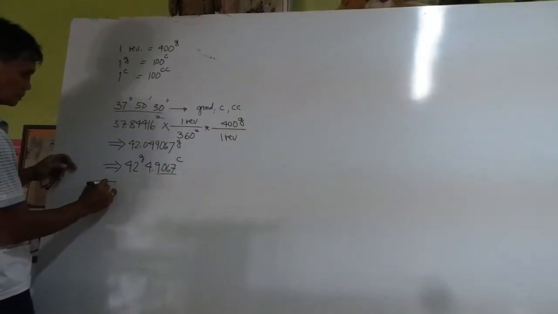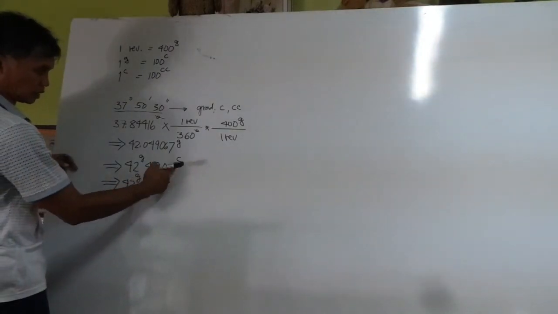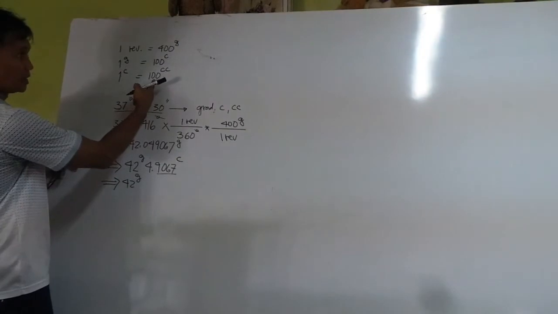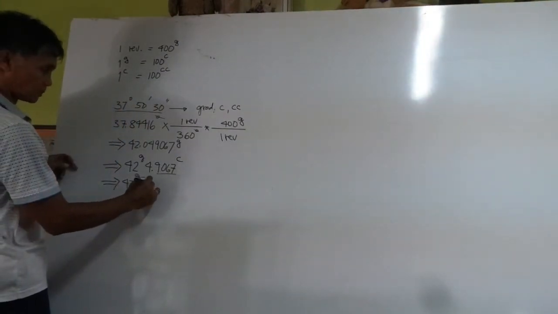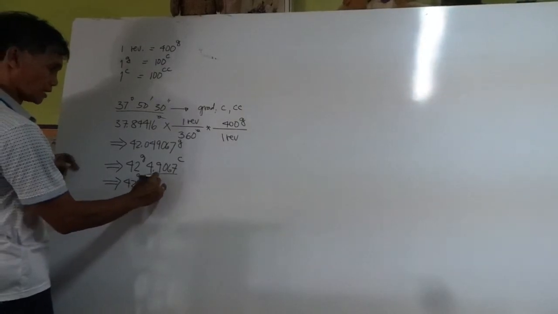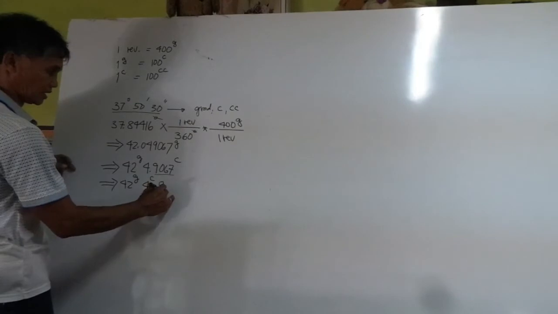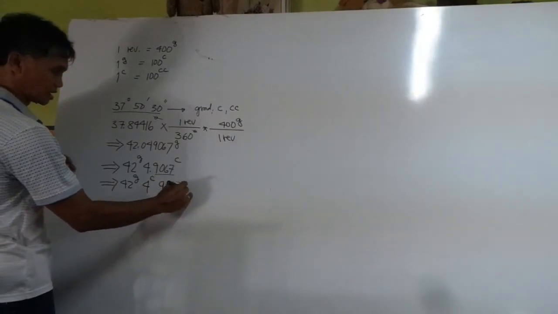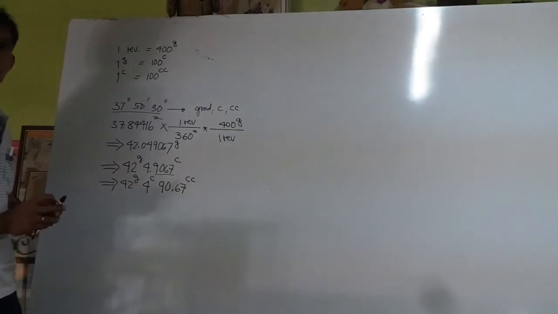So you will have 42 grads, 4 centigrads, and 90.67 centi-centigrads. So that's the equivalent.